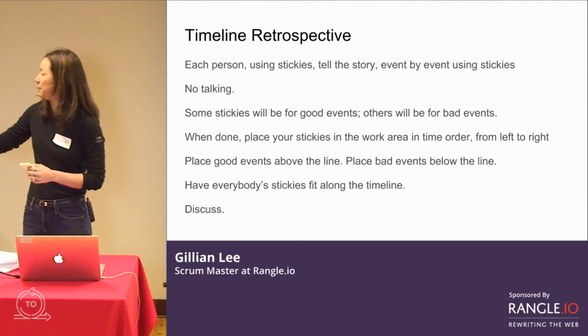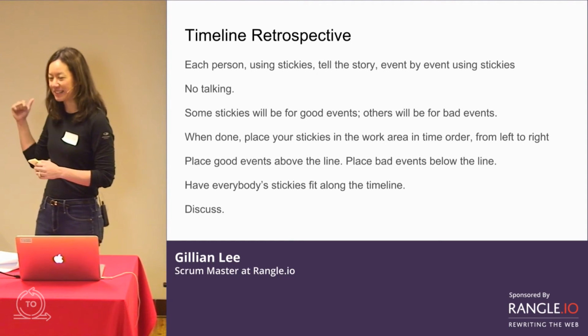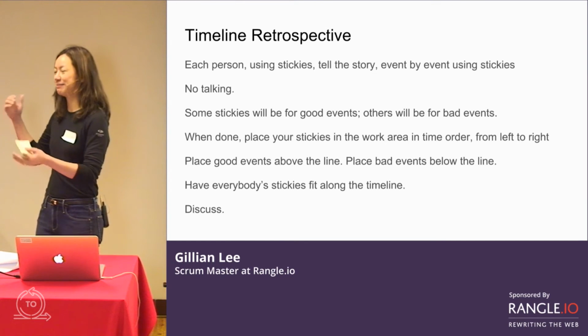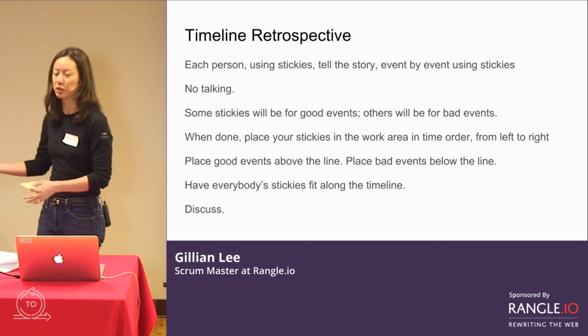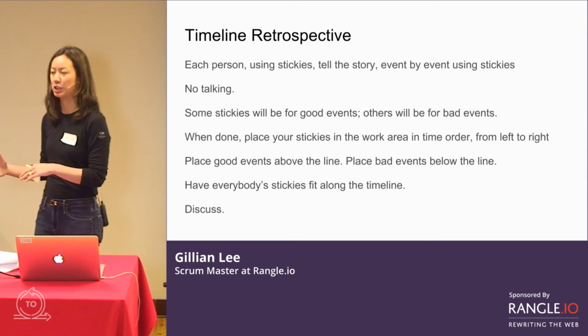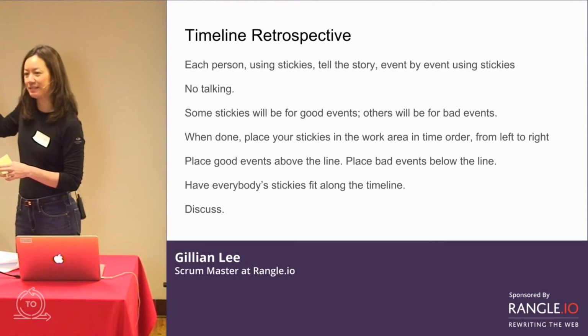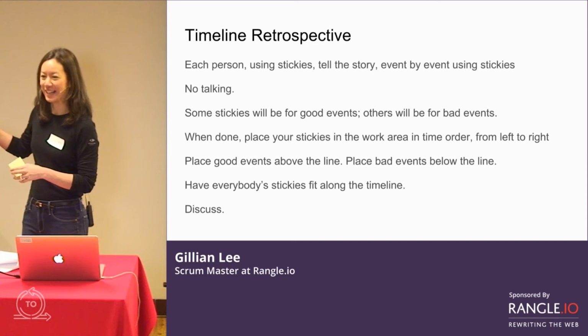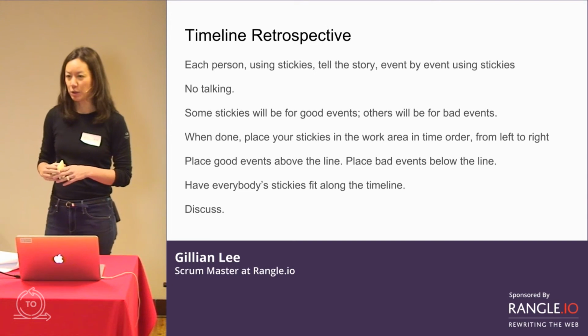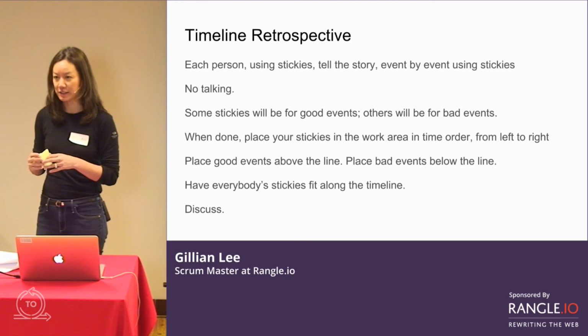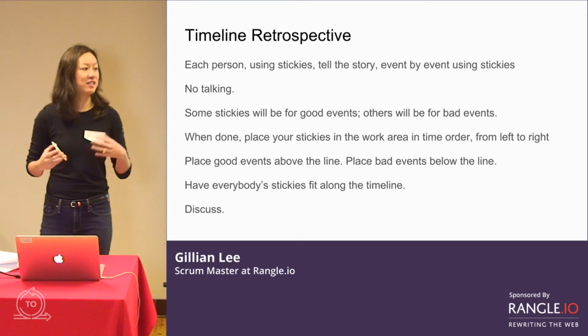Events on the left side are earlier, and events on the right side are later in your sprint or your release or whatever time period you're looking over. You'll put good events above the line. You'll put not so good events below the line. So just have everyone's stickies fit along the timeline, and then discuss.